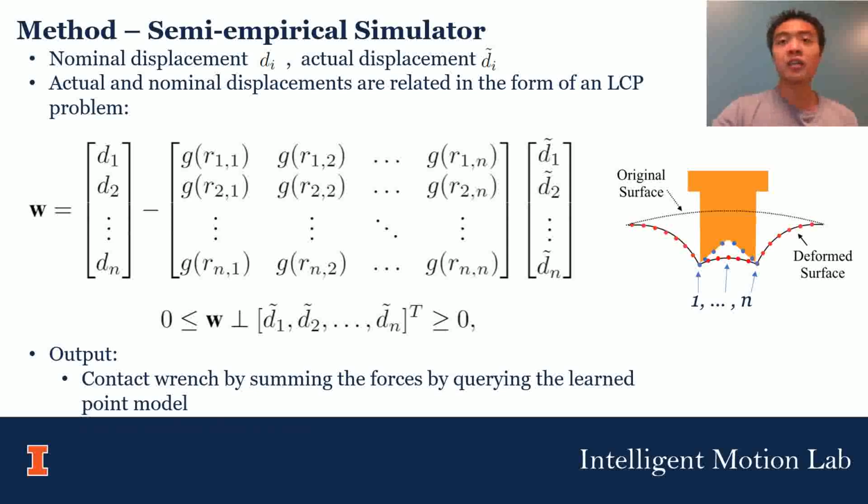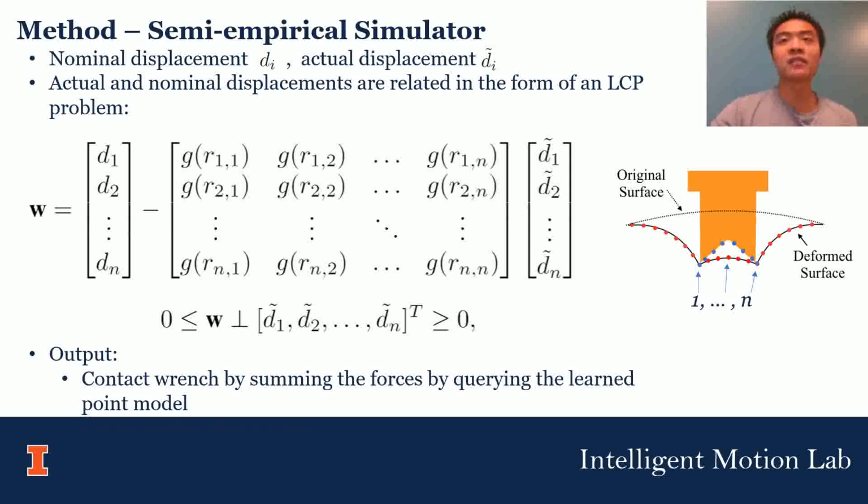Looking at the equation here, R is the distance between the surface points, and each entry of the matrix is a shape function. The matrix vector product sums up the contributions of all the actual displacements. We solve the LCP by iteratively assuming equalities, solving the system of linear equations by matrix inversion, and removing the points with negative actual displacements.